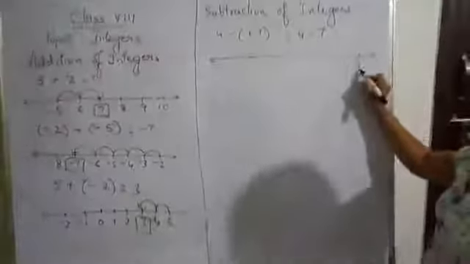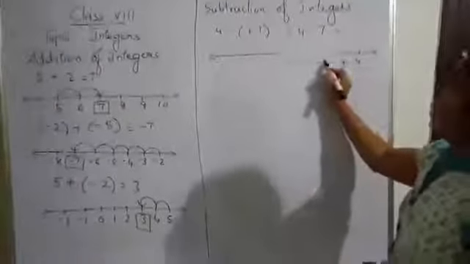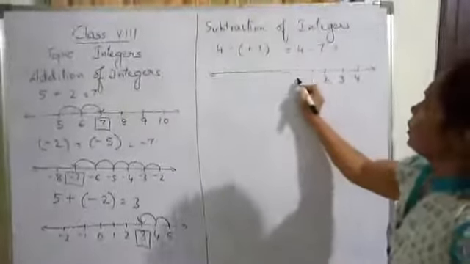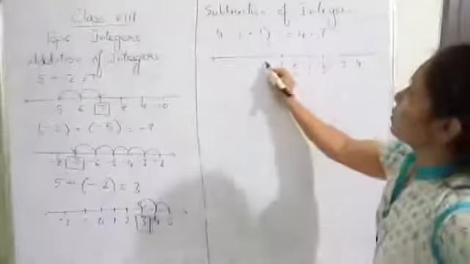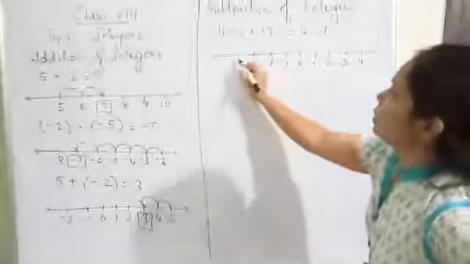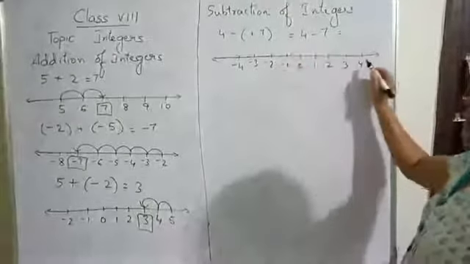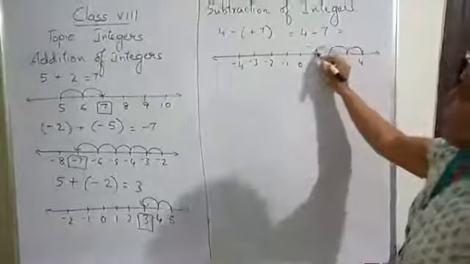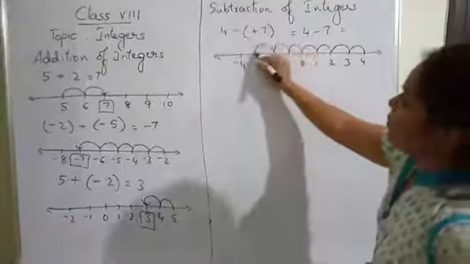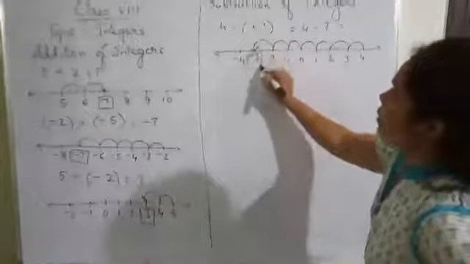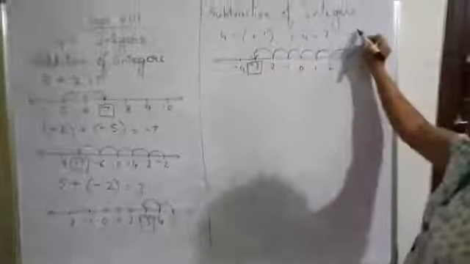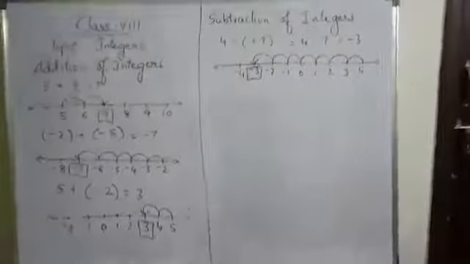Start from 4, 3, 2, 1, 0, minus 1, minus 2, minus 3. Start from 4 and move towards left side 7 steps. 1, 2, 3, 4, 5, 6, 7. So what is the answer, children? Minus 3. So 4 minus 7 gives you minus 3.